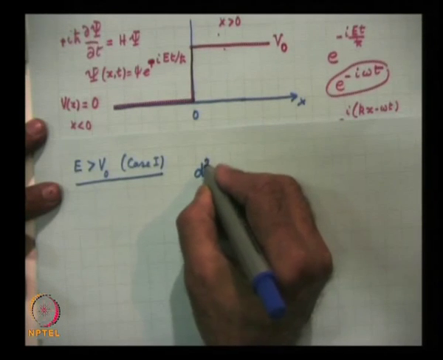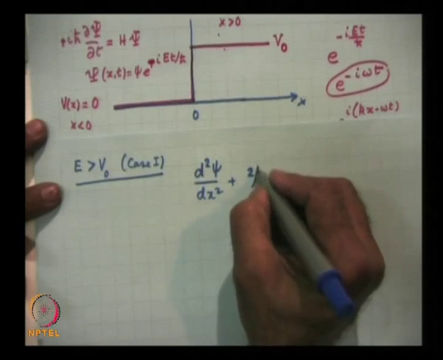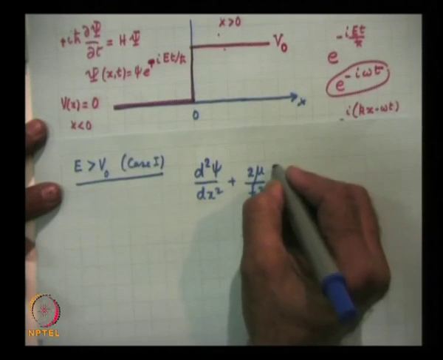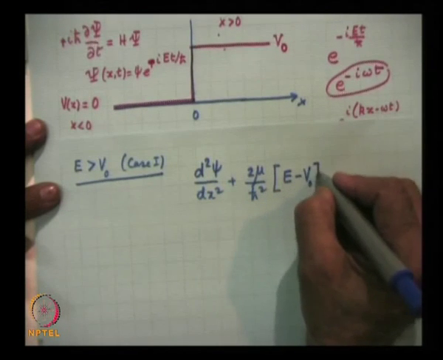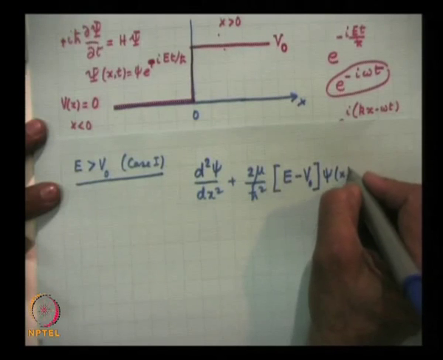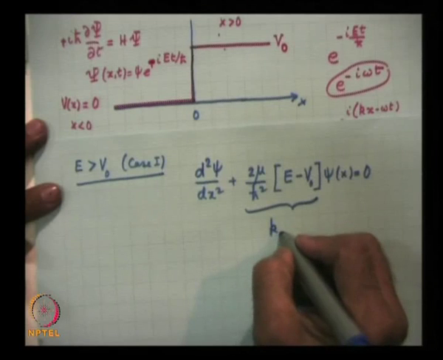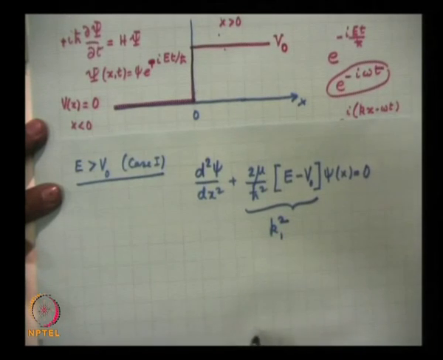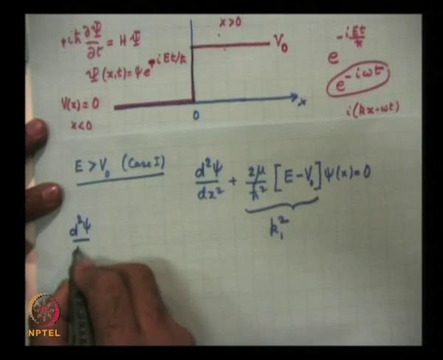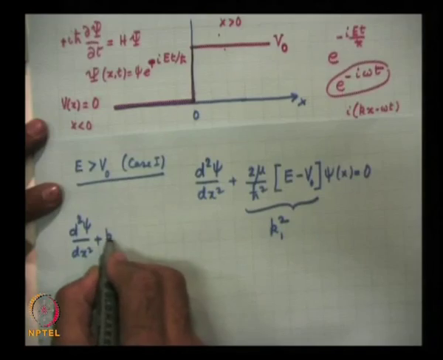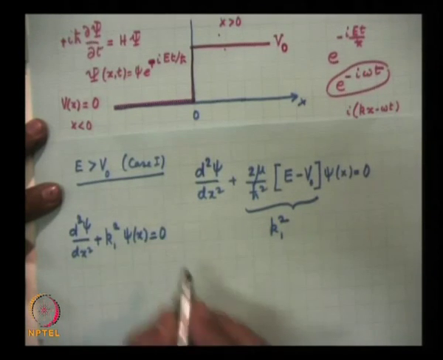So, my solution: the Schrodinger equation is d2 psi by dx square plus 2 mu by h cross square (E minus V 0) psi of x is equal to 0. This I represent by k 1 square. So, my equation becomes d2 psi by dx square plus k 1 square psi of x is equal to 0.